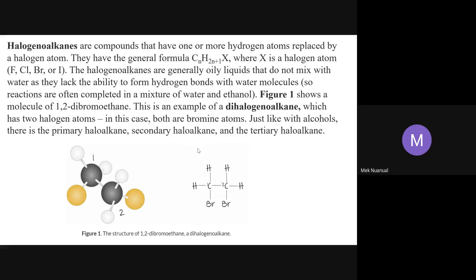And then if you have a secondary haloalkane, then your halogen is connected to a carbon that's connected to how many hydrogens? 1. And then if you have a tertiary haloalkane, similar to a tertiary alcohol, then your functional group halogen is connected to a carbon that's connected to how many hydrogens? 0, none.